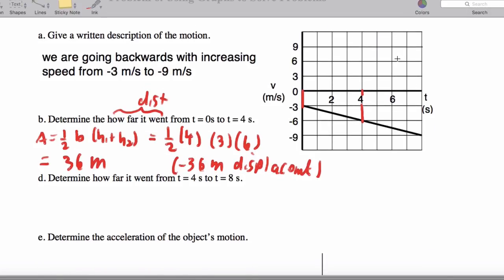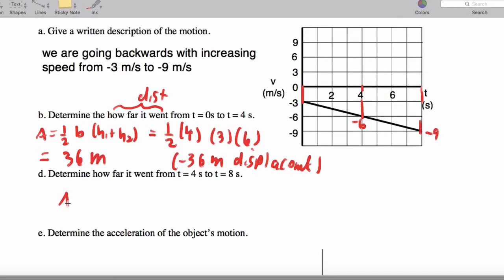Okay. And then how far did it go from 4 to 8 seconds? Let's do a similar idea here. So this is -9, this is -6. So the area is 1/2 of the base, which is 4, times 6 plus 9, which is 2 times 54, which is 108 meters.